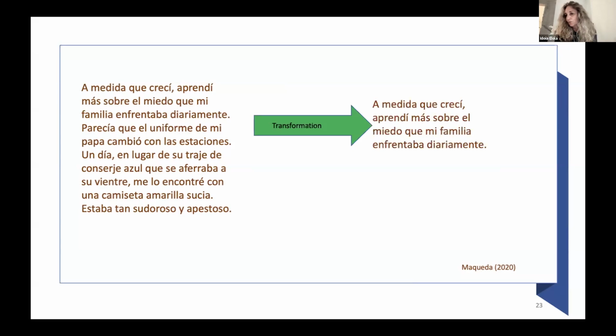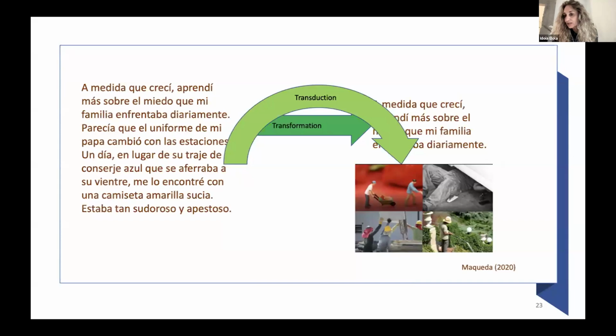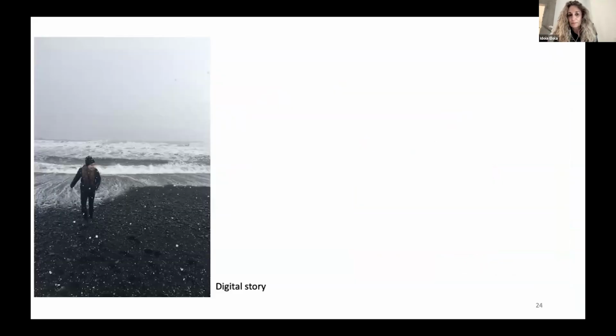That's transformation. We're still moving within the same mode. Whereas this student was able to reduce that because she started using images of the 4 seasons with different colors, different uniforms. So she didn't have to have all that description. So that is a good example of what we would call transduction.